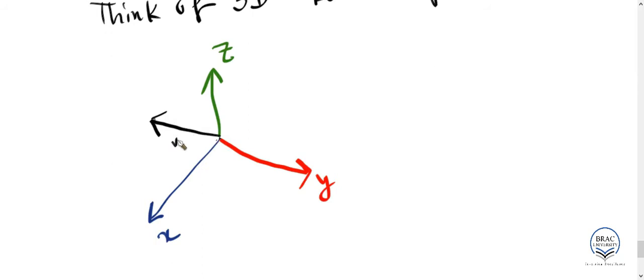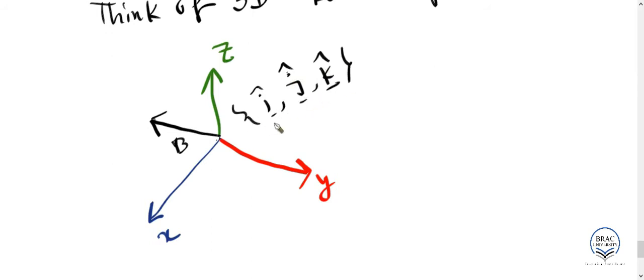This is some vector, and let's denote it with b. This b vector can be written as a linear combination of the unit vectors i hat, j hat and k hat, right?